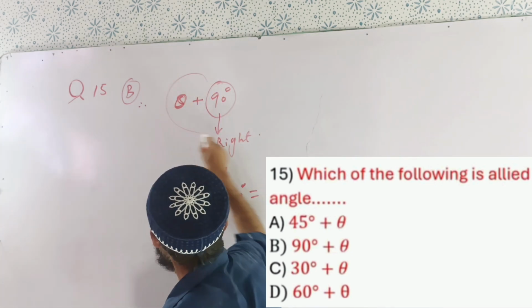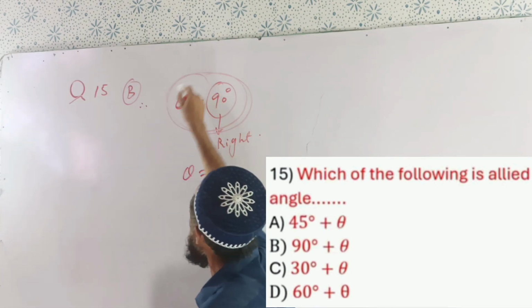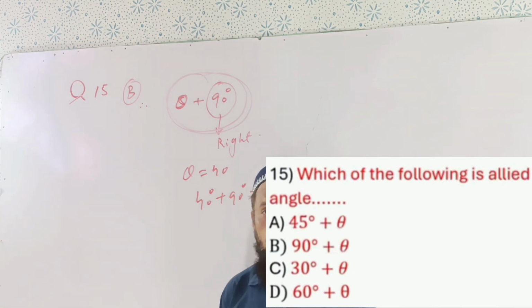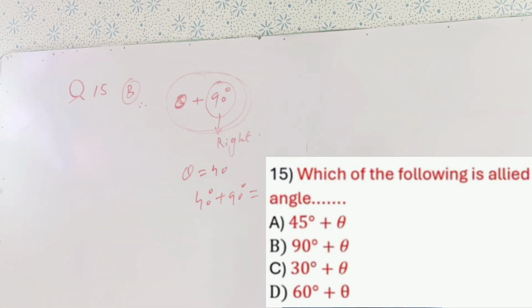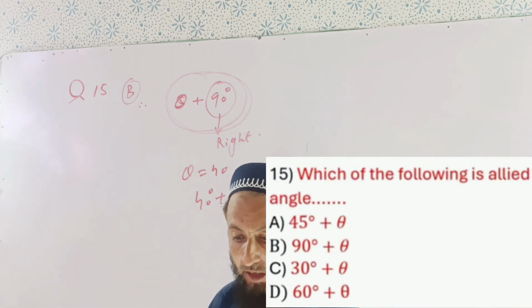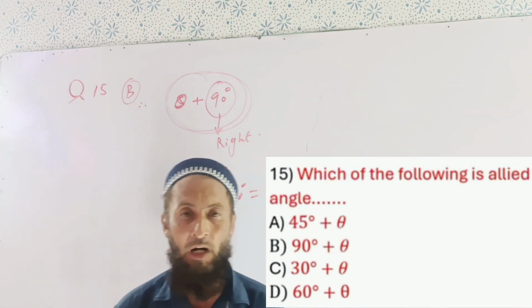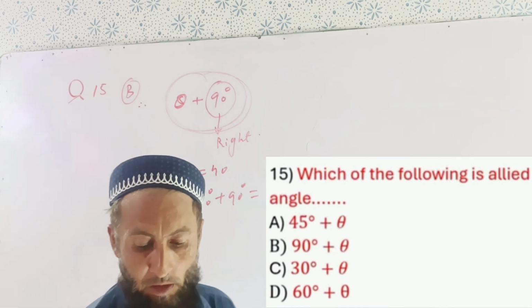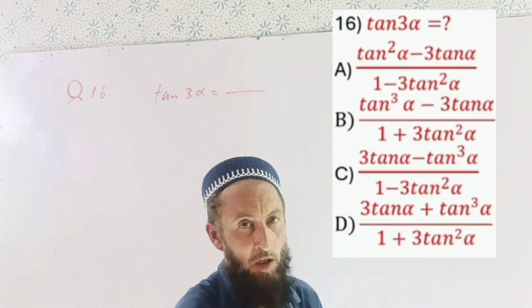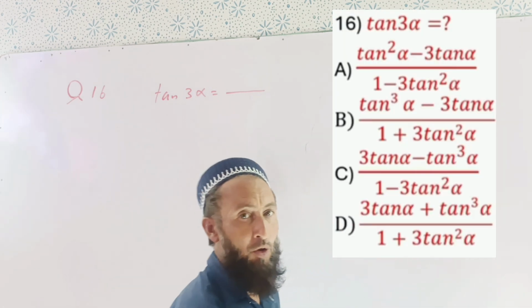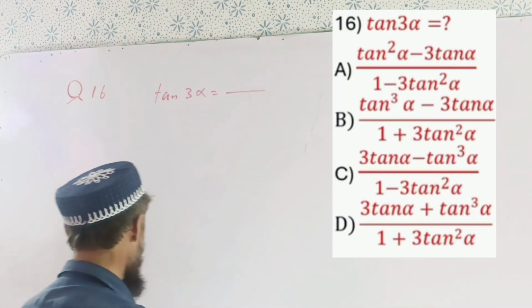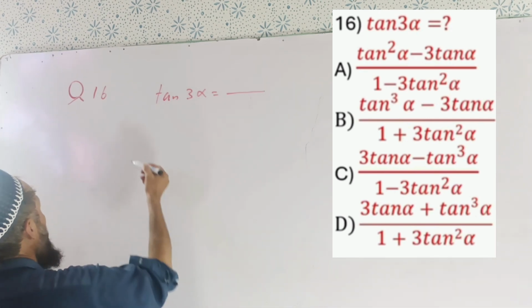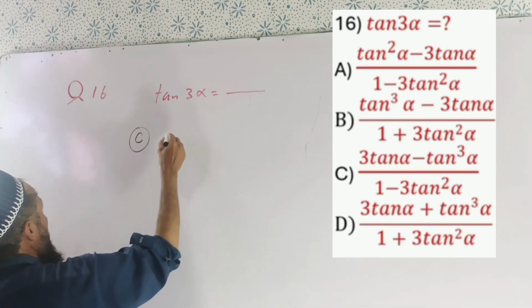So you must remember that with the right angle, theta plus 90, the right angle must be added with any angle, so that is called allied angles, or any other multiple of 90 degrees. That is the formula we have already done in the book. We have already proved that formula. Option C is the correct option here.